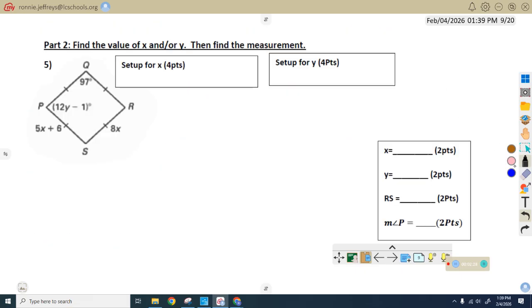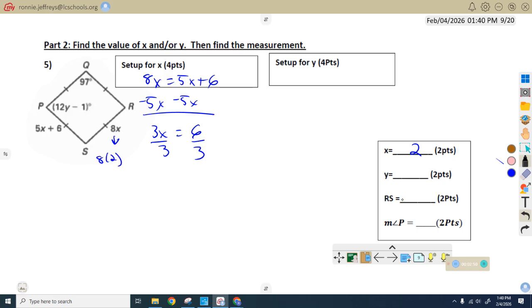All right, so number 5, set it up for x. 8x equals 5x plus 6. Now, 8 times 2.